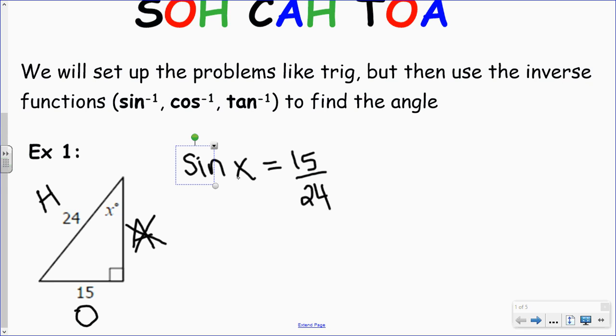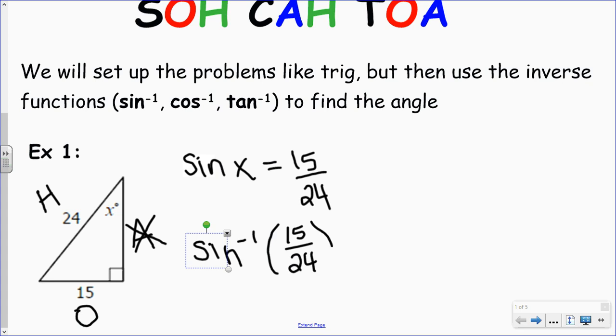But because we can't put sine of x into the calculator to figure it out, now we're going to know to use our inverse trig, which will use sine to the negative first. And inside of that, we're going to take the ratio of the sides, the 15 over 24, and that's equal to x.